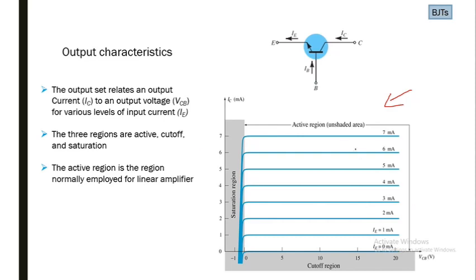Overall, we have this set of characteristics that is called output characteristics. Now, if you see, when we have IE equal to 0, the curve is here. That is, if you open this emitter terminal, we will have IE equal to 0. In this case, IC is approximately equal to 0.